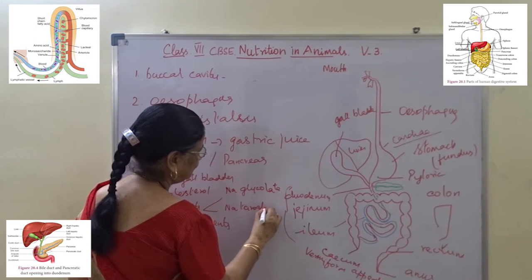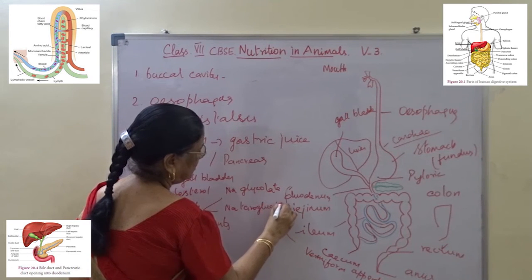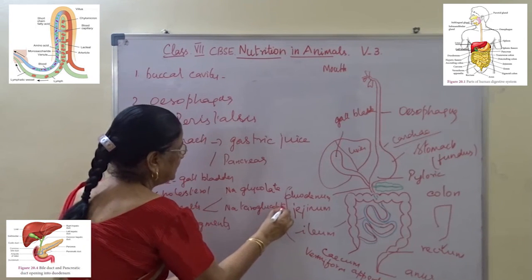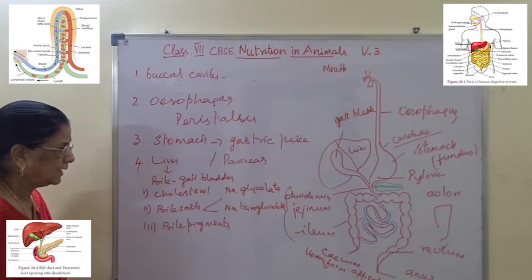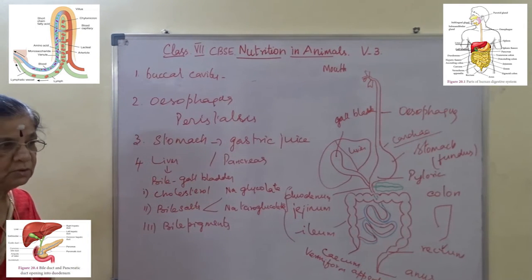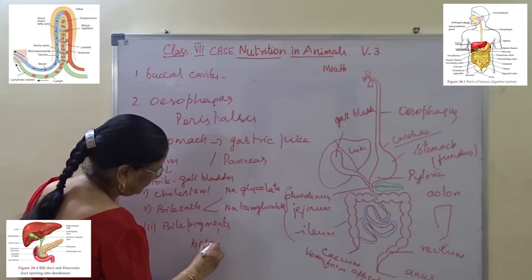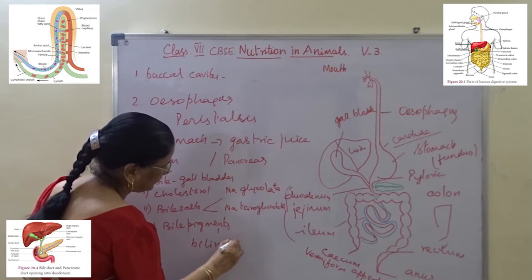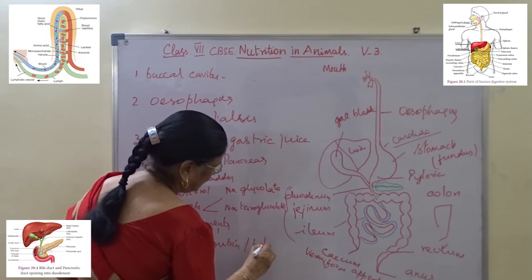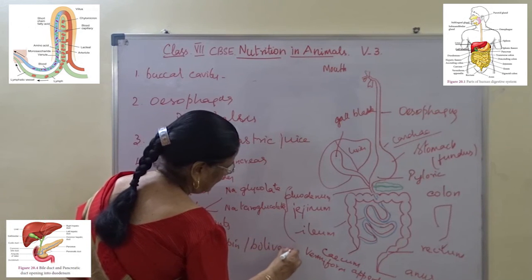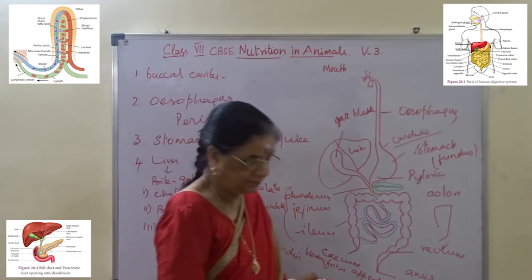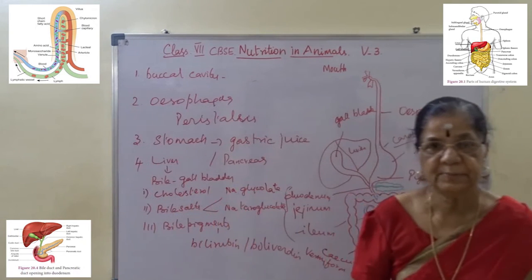Taroglycolate. There are two bile salts: sodium glycolate and sodium taroglycolate. And the bile pigments are bilirubin and biliverdin. Bilirubin and biliverdin are the bile pigments.